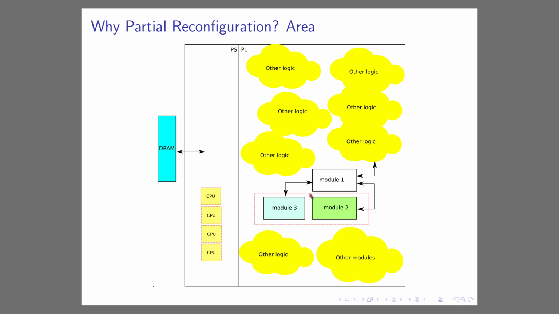So what we can do is take the area of silicon in which module 2 is residing and reprogram that area when we need with the logic of module 3. Of course, there are some constraints, but the general idea should work. So we partially reconfigure this piece of silicon with either the logic from module 2 or module 3 based on the functionality that we need now. This way we are saving some area.